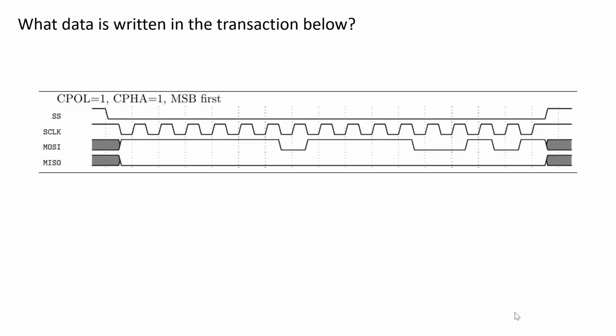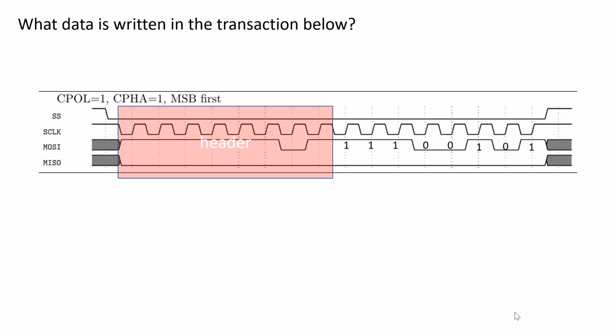Okay, what data is written in the transaction below? For this you have to count. It's a transaction. There's at least 2 exchanges, at least 16 clock cycles there. It's hard to actually tell just from looking. You can count them. 1, 2, 3, 4, 5, 6, 7, 8, 9, 10, 11, 12, 13, 14, 15, 16. Yeah. So 2 exchanges, 1 transaction.